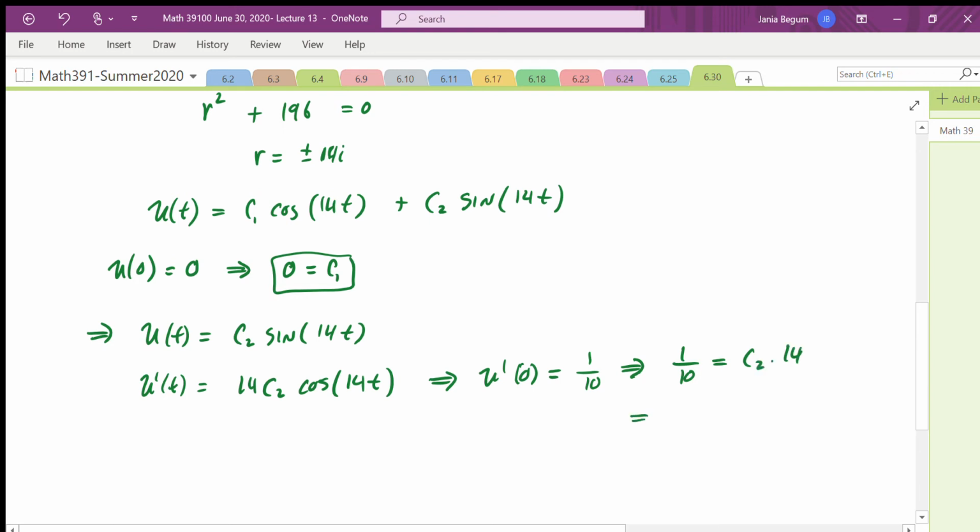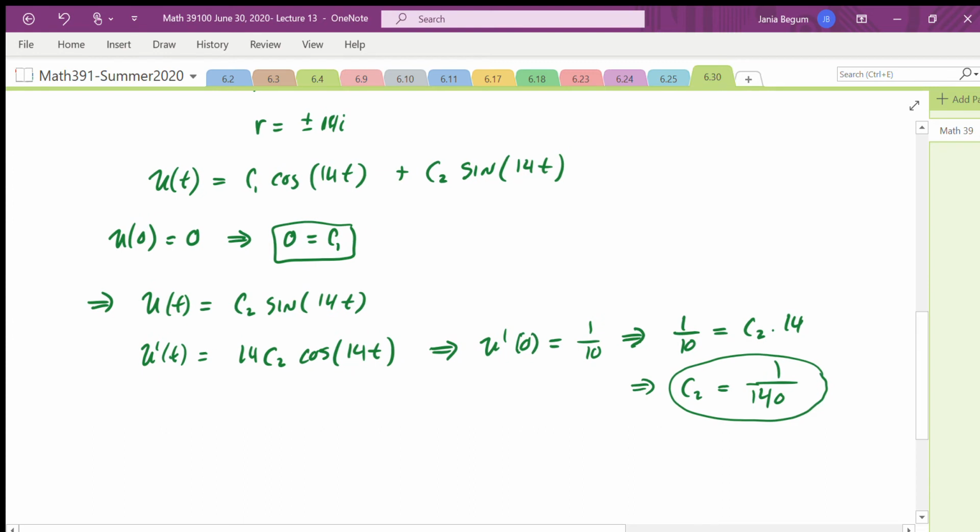That means c2 is 1 over 10 times 14, which is 1 over 140. So the function that describes the motion of this mass is u of t equals 1 over 140 sine of 14t. That's the solution we have.